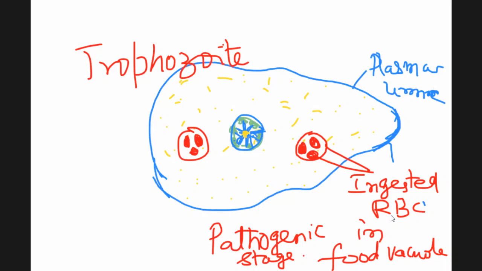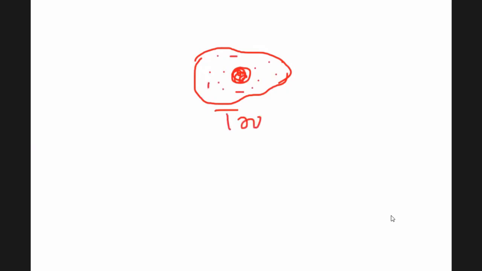And where does it live? In the submucosa of the large intestine, in the wall of the large intestine. Then it can reproduce asexually by binary fission. Multiple fission is wrong. If it is Plasmodium, it is multiple fission.